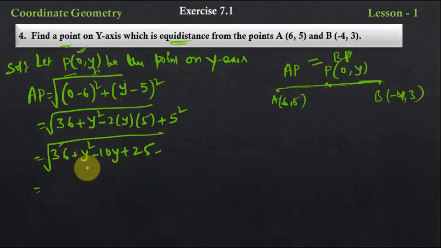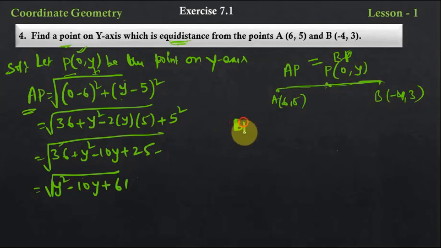So first we'll write the y square term, then the y term minus 10y, then the constant. Both have plus signs, so if you add this, we'll get 61, under root. So this is the distance of AP.